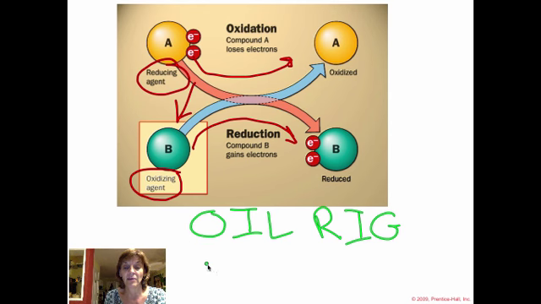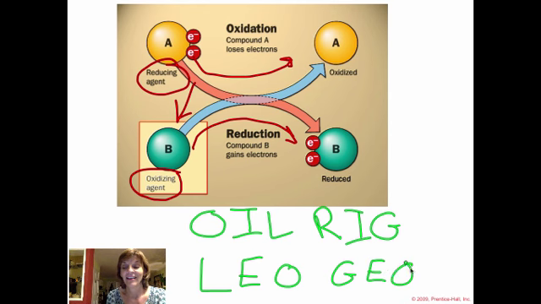And then there's another one, if you don't like that one, LEO GER. Leo the lion says GER. Loss of electrons is oxidation, gain of electrons is GER. All right, next.